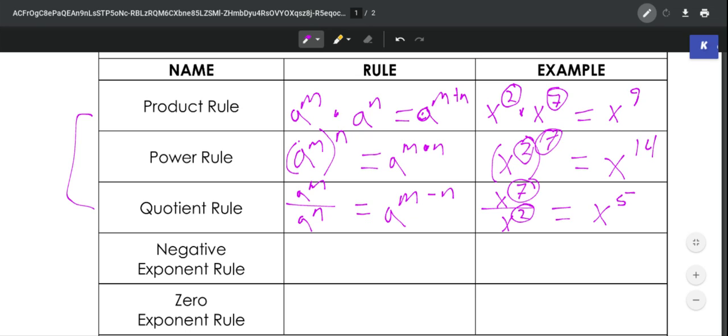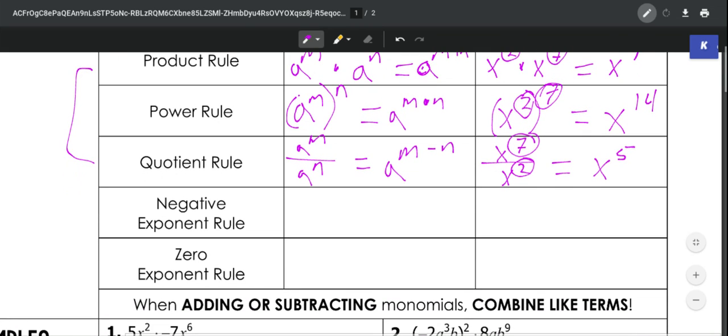Let's see. The next one is our negative exponent rule. And our negative exponent rule is if we have any number with an exponent that's negative, we simply take that exponent and put it on the bottom. Say it's on the top, we move it to the bottom.